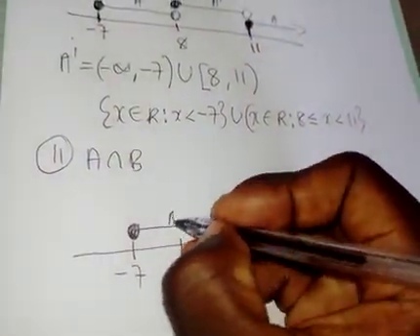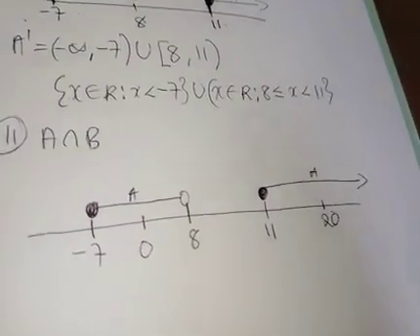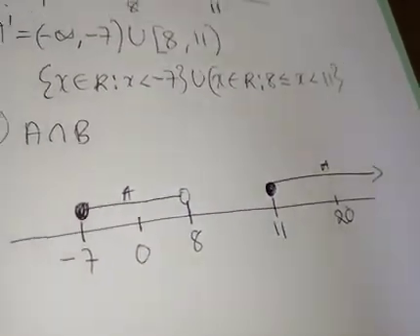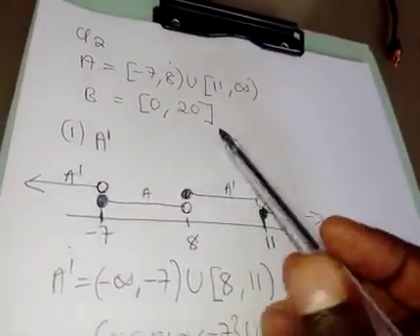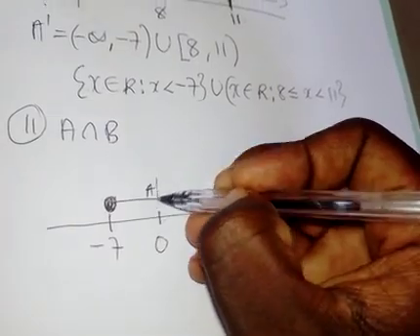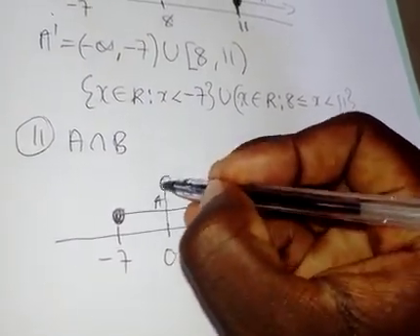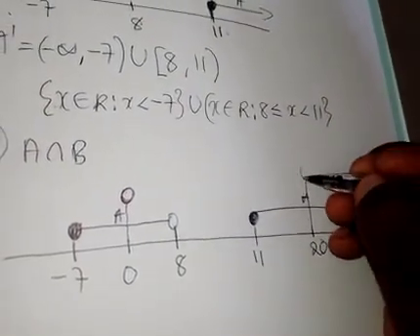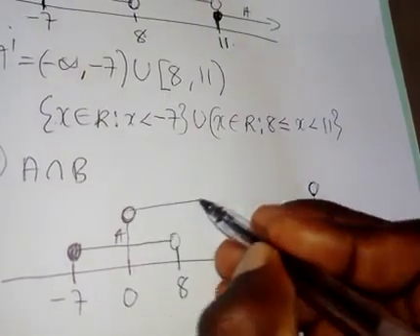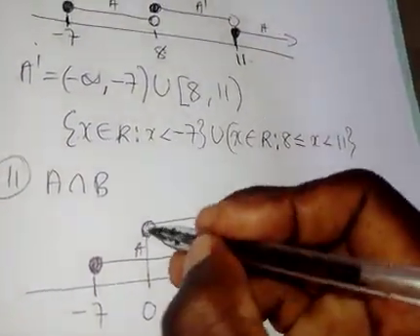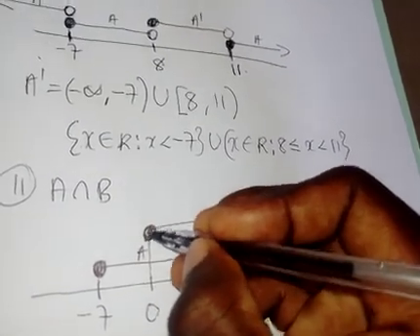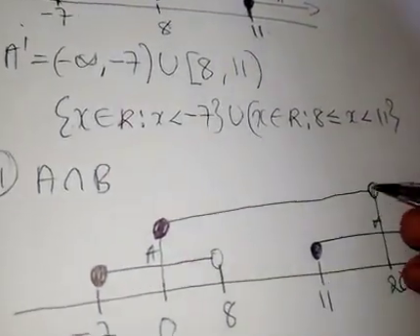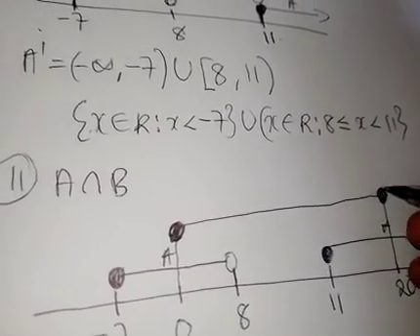So this is simply A. Then you do the same for B. So this B is actually from 0 to 20, and both 0 and 20 are shaded. Okay, so you do that on top of 0, even on top of 20, like that. Then you join the two and shade them. Okay, shade them like that. So this is B.